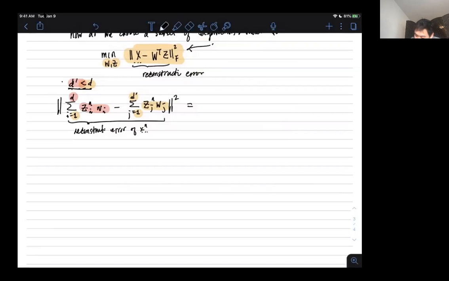What it means is we're going to end up computing the remainder of the remaining dimensions, not D, but W_j squared.